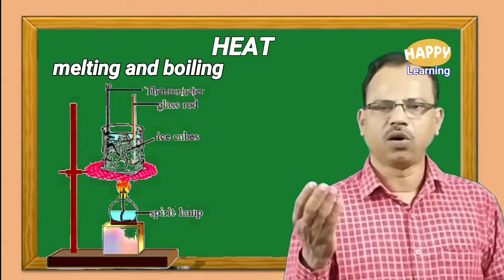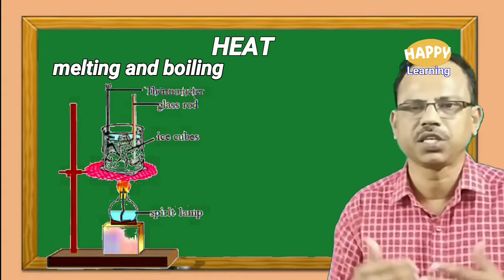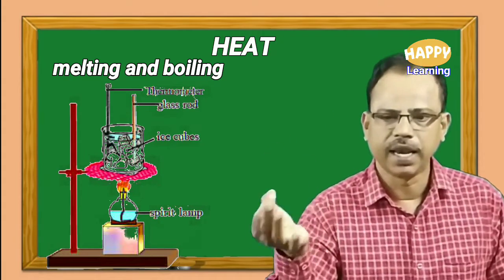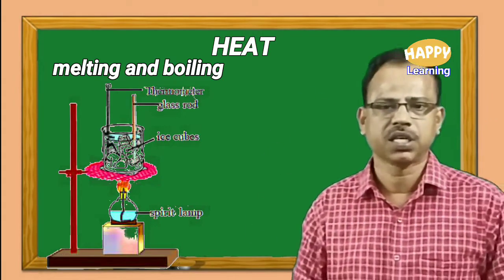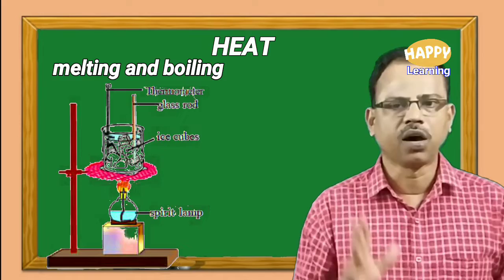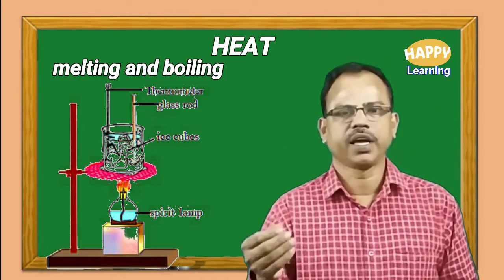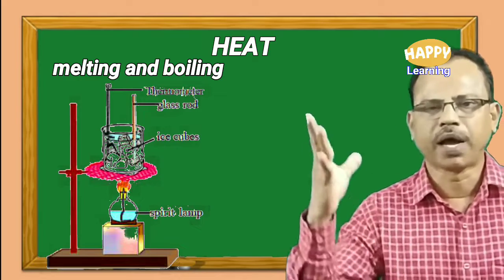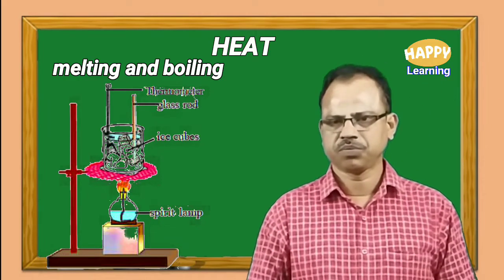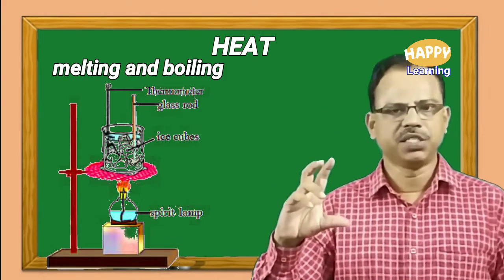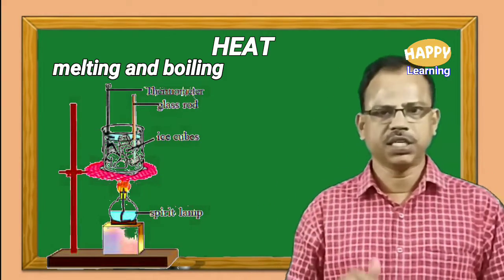It is not necessary that the ice temperature is always 0 degrees Celsius. Ice can be at a temperature less than 0 degrees Celsius. For now, assume that the ice you have taken has the temperature minus 10 degrees Celsius. So the initial temperature of the ice is minus 10 degrees Celsius.